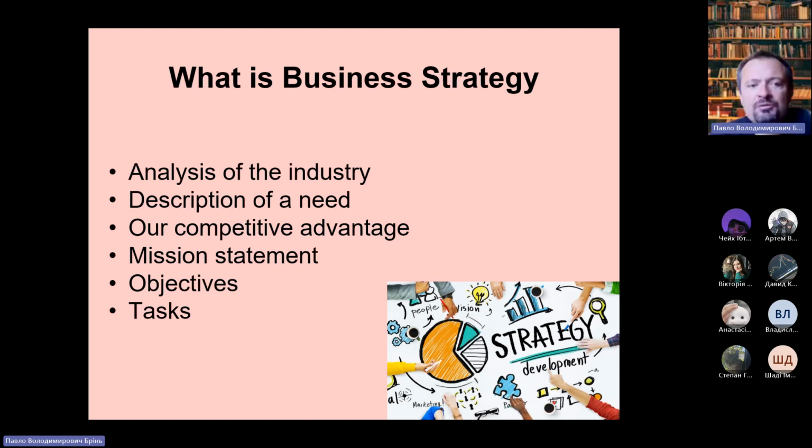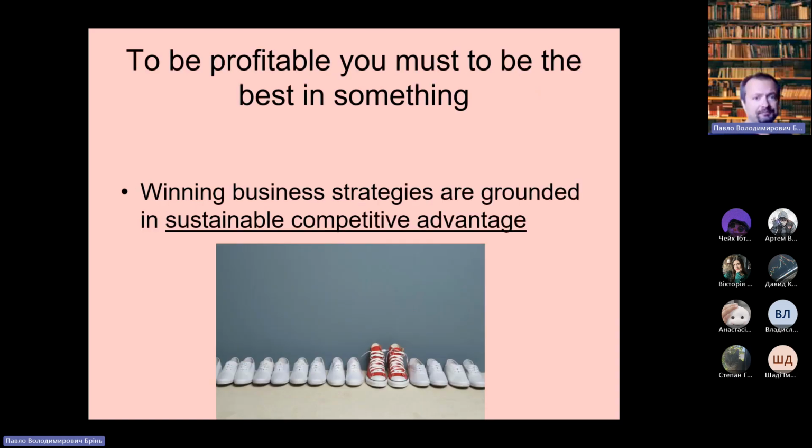Then we have to set a mission statement for our company, and then we have to support the mission statement by objectives, and every objective must be supported by tasks. So it is everything about business strategy.